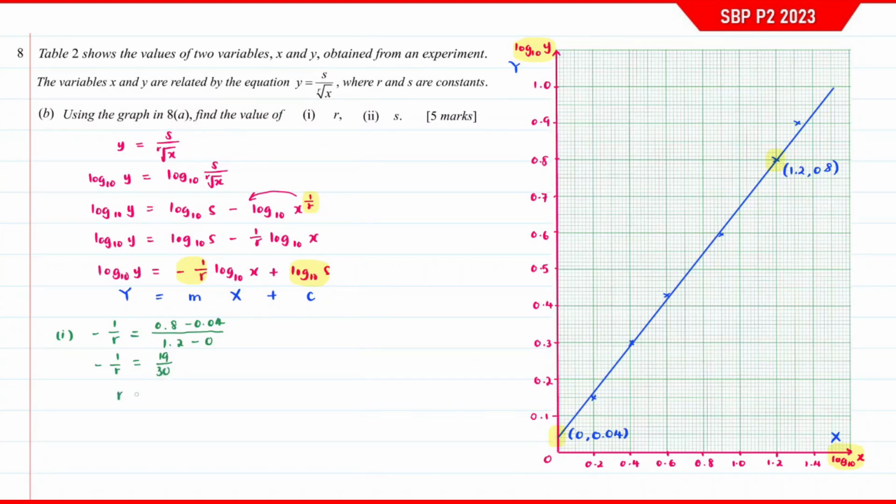Then r is equal to negative 1 divided by 19 over 30, which is equal to negative 1.58. Number 2, log base 10 of s is the y-intercept, which is 0.04. Then s is equal to 10 to the power of 0.04. Then the answer will be 1.096.